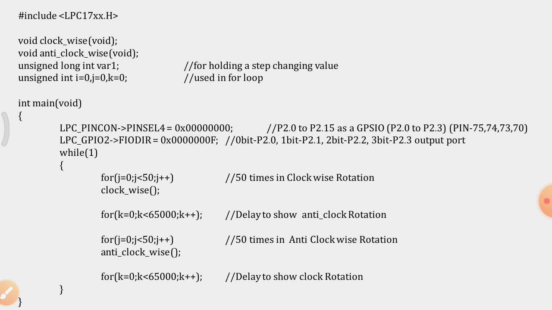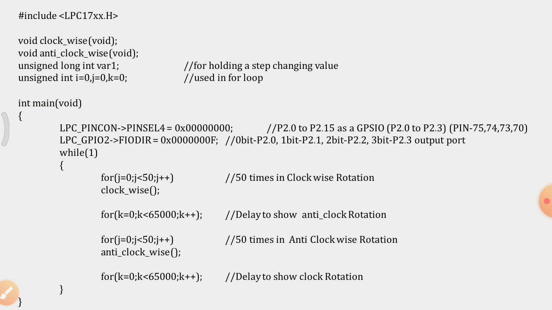So LPC_GPIO2->FIODIR equal to 0x0000000F. F means bit 0, bit 1, bit 2, bit 3 are going to be 1, 1, 1, 1. It means bit 0 is P2.0, bit 1 is P2.1, bit 2 is P2.2 and bit 3 is P2.3. All are made high so that they are going to be output ports.